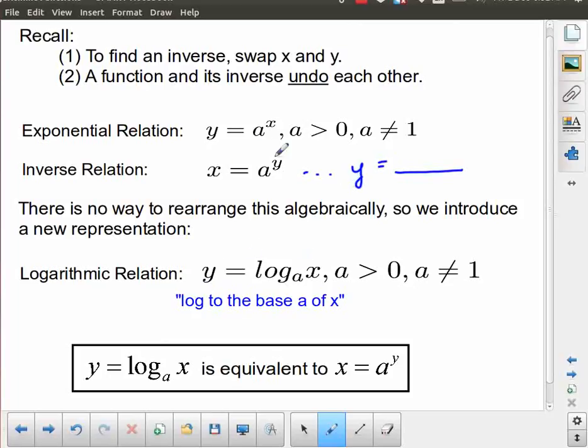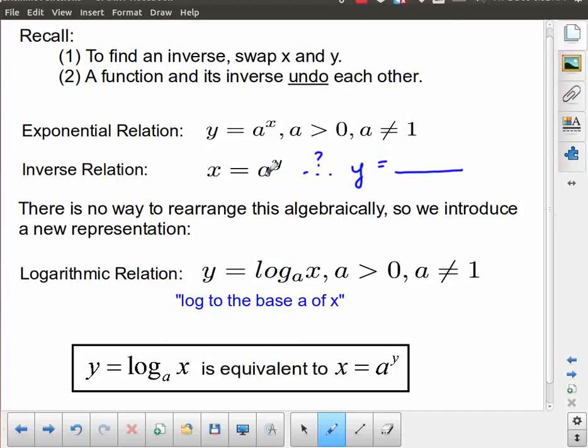So this form, x equals a to the y, I'm going to redefine a new function, logarithm, that is the rearrangement of this equation. So since we don't have a way to perform the rearrangement, he just said, well, I'm going to assume that there's an answer at the other end, and I'm going to call that a logarithm. So x equals a to the y becomes y equals log base a of x.